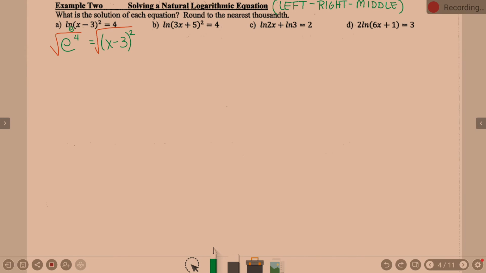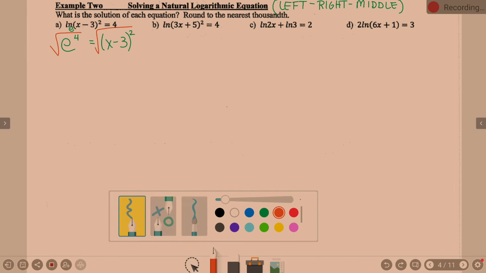Now, I'm going to flip these sides in my next step. Keep in mind we're solving for x. What is the square root of (x minus 3) squared? X minus 3. Whatever's in those parentheses, right? So the square root of (x minus 3) squared is x minus 3.